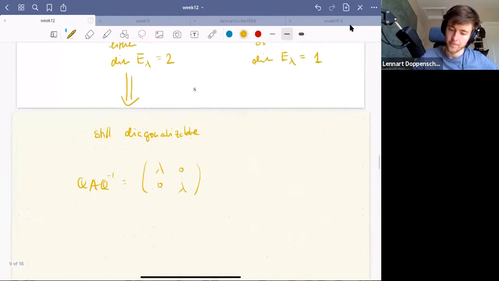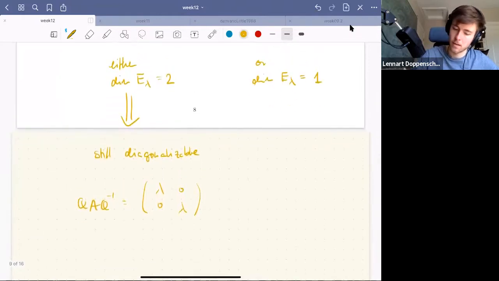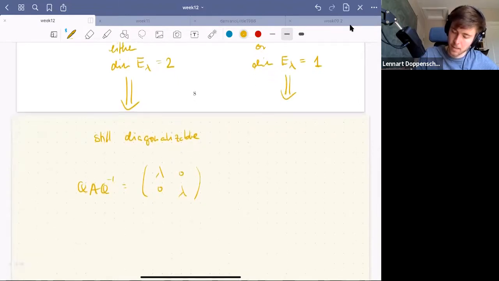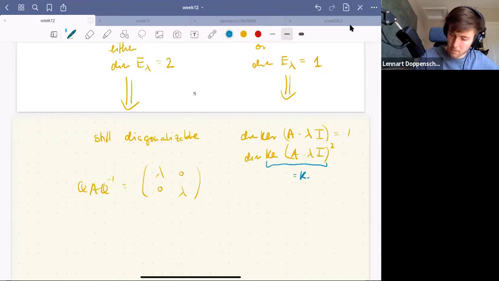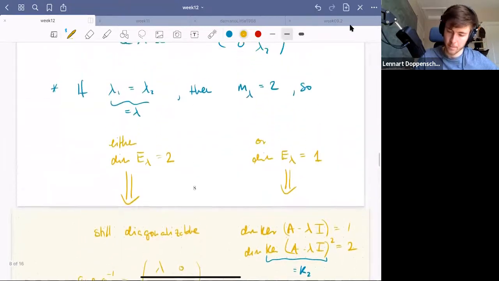If the dimension of E lambda is equal to 1, then this means that the kernel of A minus lambda I has dimension equal to 1, and the kernel of A minus lambda I squared, remember that this is the generalized eigenspace, will have dimension 2 because the multiplicity is 2.